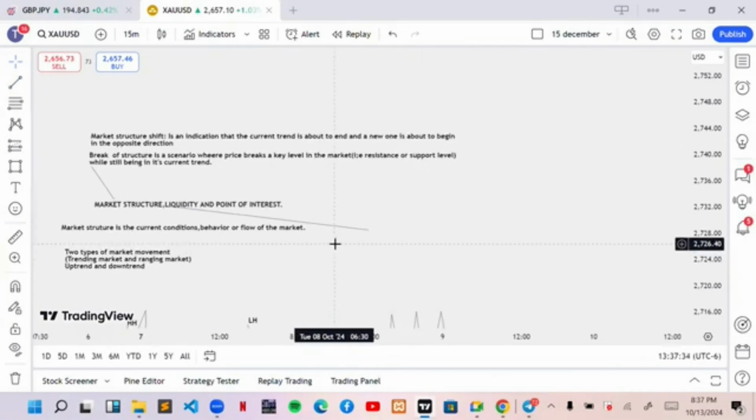Inducement is the first valid pullback that the market makes after there is a shift in market structure or a break of structure. Let me repeat myself.